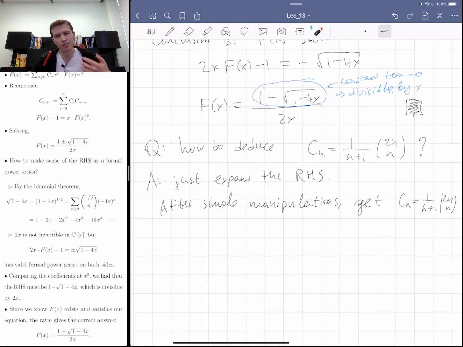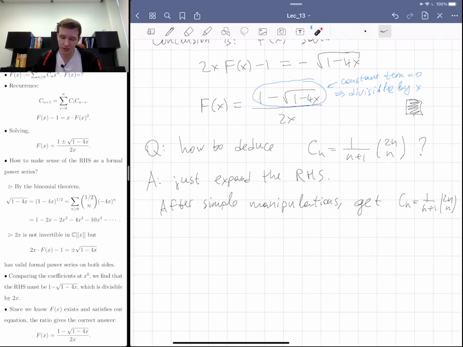This may not sound impressive to you because you already knew this formula from a bunch of lectures ago, but in general, if you have some mysterious sequence given by some recurrence or whatnot, and you want to find the formula, if you don't know the formula in advance, generating functions allow you to actually deduce this formula algebraically. And you're going to see this in the homework and the midterms.